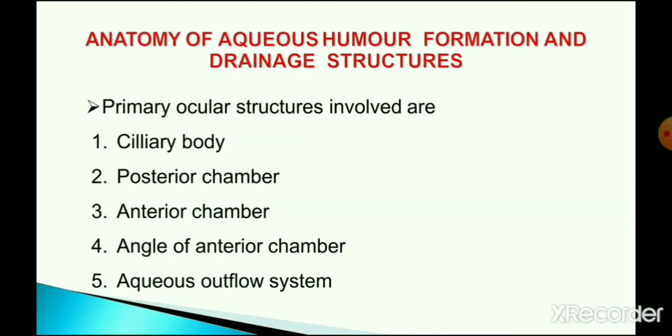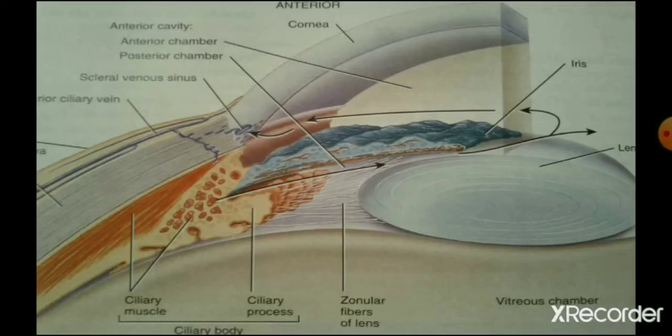Now we will pass on to the anatomy of aqueous humor formation and the drainage structures. The primary ocular structures involved are the ciliary body, posterior chamber, anterior chamber, angle of anterior chamber and the aqueous outflow pathway.